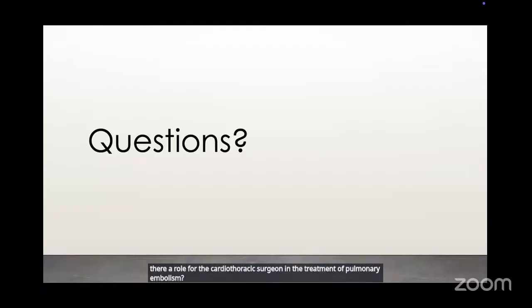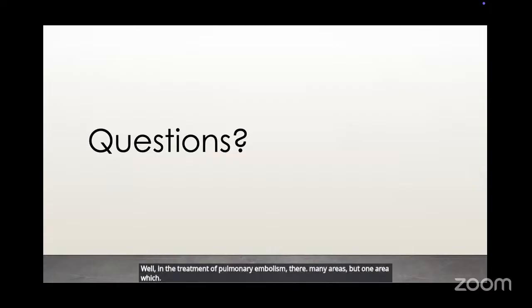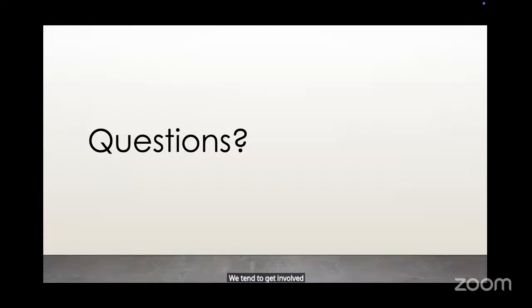Well, in the treatment of pulmonary embolism, there are many areas, but one area which we tend to get involved with significantly at National Chest Hospital, though we do the surgeries at KPH, is in patients who have pulmonary embolism, especially those who may have failed conventional anticoagulation, or patients who are going for high-risk procedures, who are deemed a significant anesthetic risk.